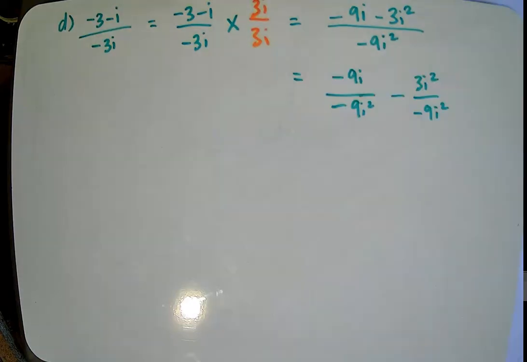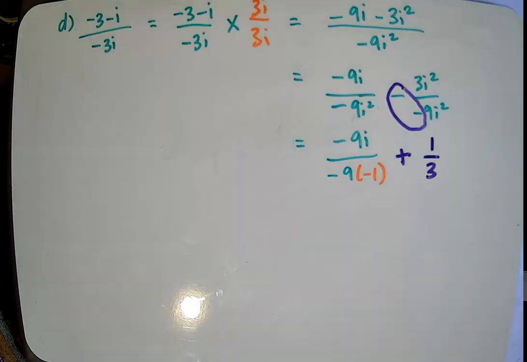So the first step would be to split it, or we could substitute minus 1 for the i squared. We could split it. Any which way would still work. So splitting it and simplifying, we will now get minus 9i over minus 9, and where we see i squared, we'll put negative 1, and negative times a negative is a positive, and 3 over 9 will give us a third.